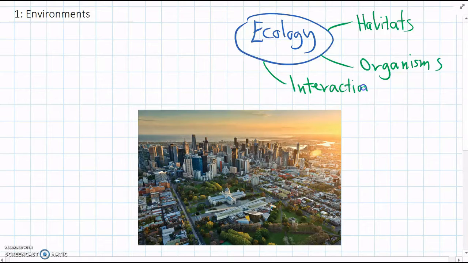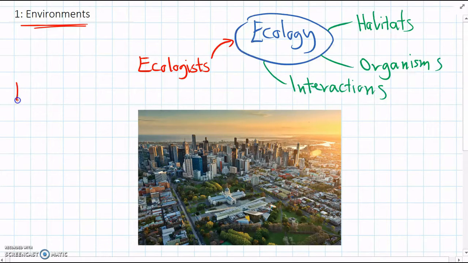So interactions as well. And the people that study ecology are called ecologists. Ecologists study ecology. So the first thing we're going to look at in ecology is what is an environment.